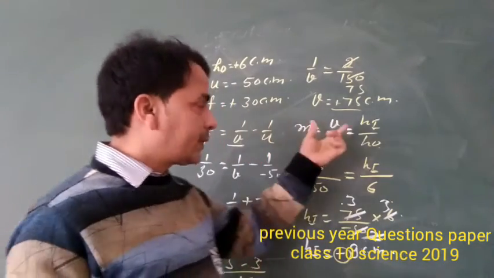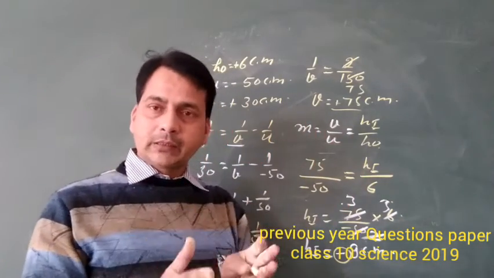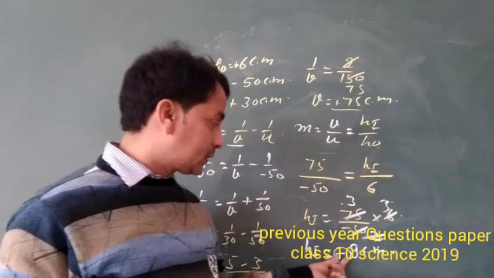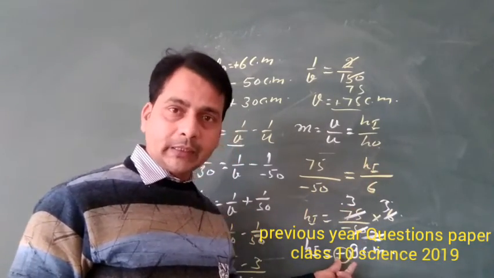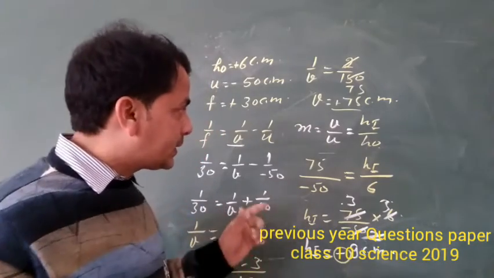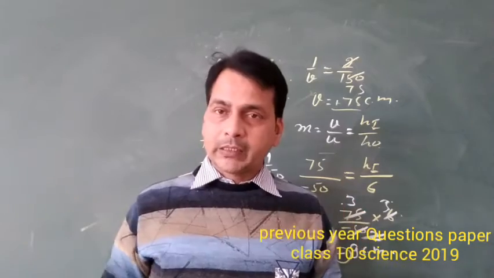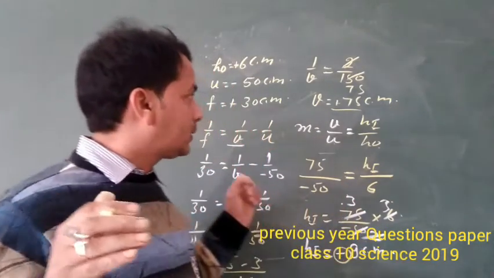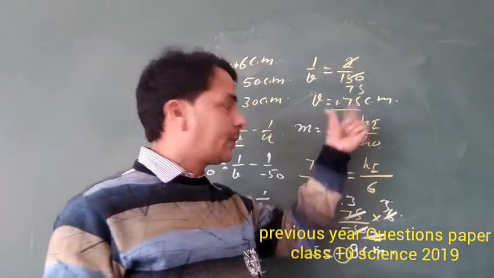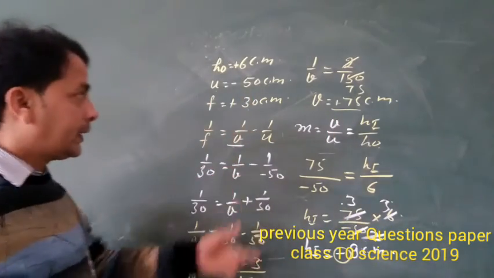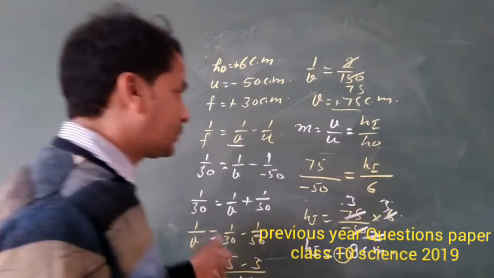The height of the image is minus 9 centimeter, and the negative sign also indicates it is inverted. So it is clear that the nature of the image is real and inverted, and the position of the image is 75 centimeter. So that is the right answer to this question.